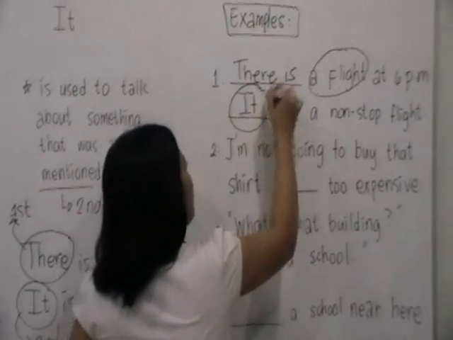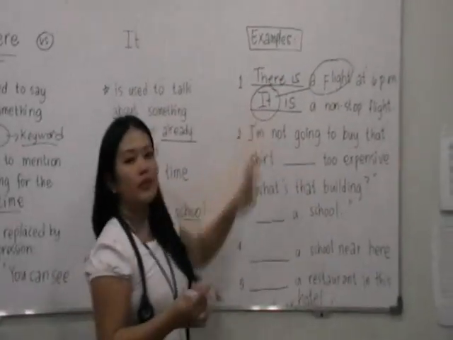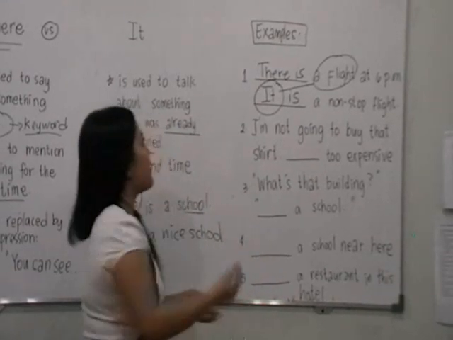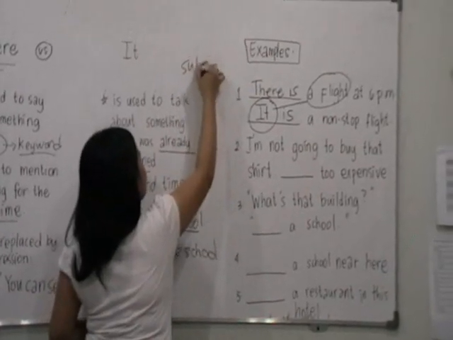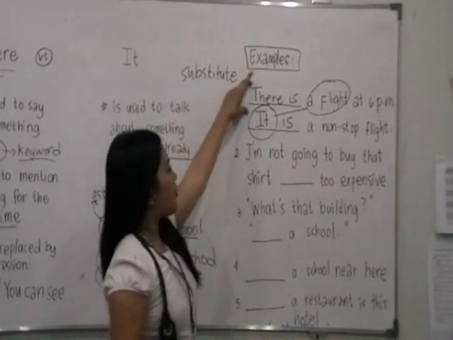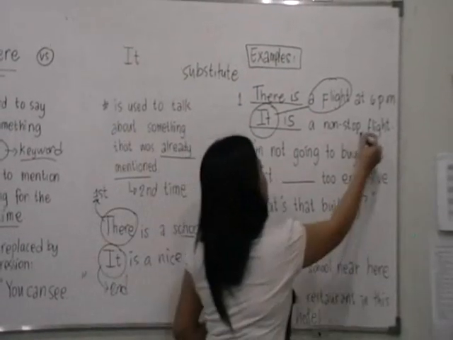So it here and flight are the same thing. However, I just use it as a substitute. So the first time we mentioned it, the second time we mentioned the same thing, flight.